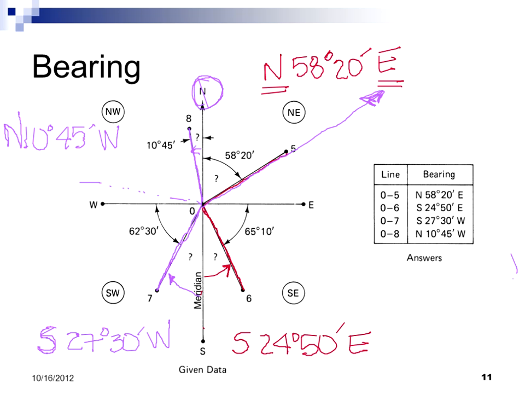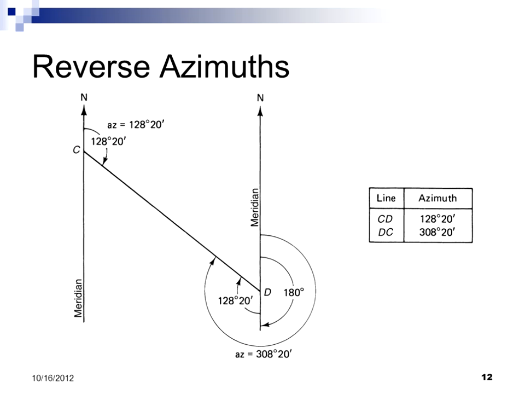So if I started out heading north 58 degrees 20 minutes east, heading along this 0 to 5 line, and I stop here and turn around 180 degrees in either direction, then I'm now heading back down the same line in the opposite direction. That is called a reverse bearing or a reverse azimuth.